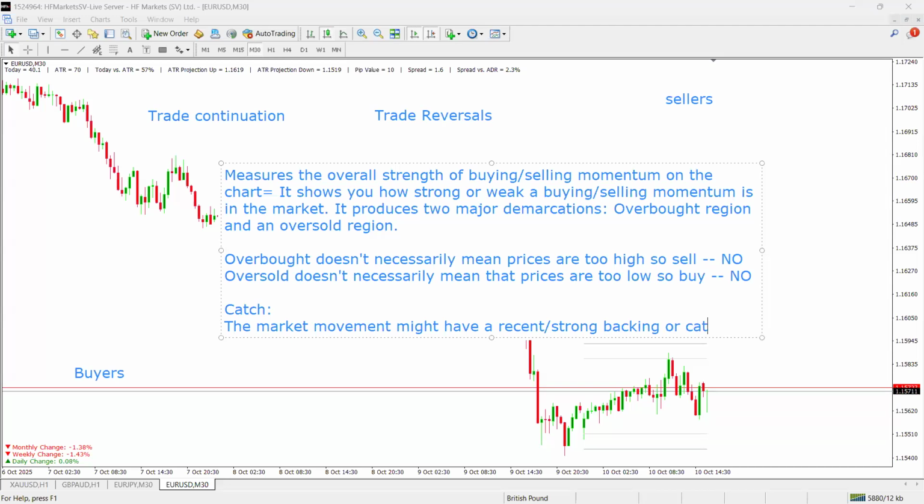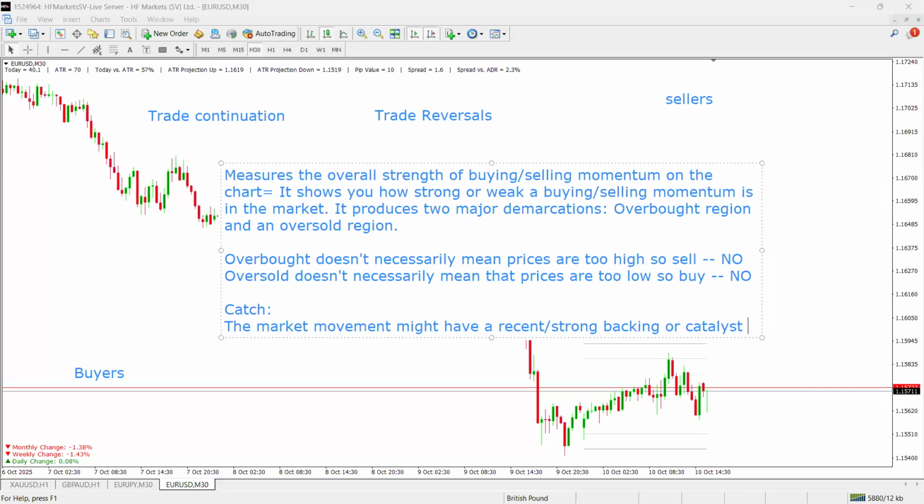There might be something that is really pushing the market in that particular direction, and it is so recent that the market might not be ready to sell or to fall back. We've seen it in gold prices over a period of time. Market has been oversold, oversold, oversold, but still, it does not necessarily mean you start selling.